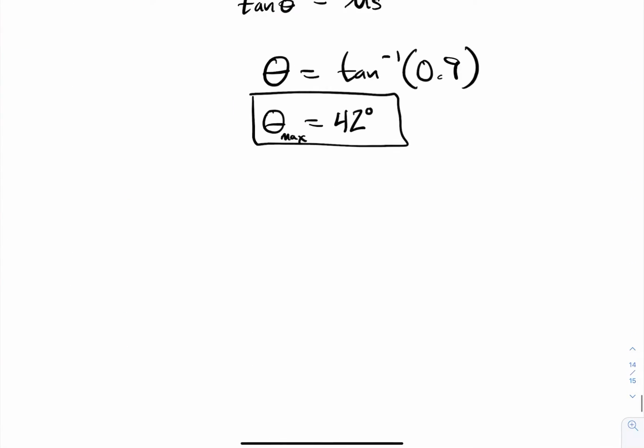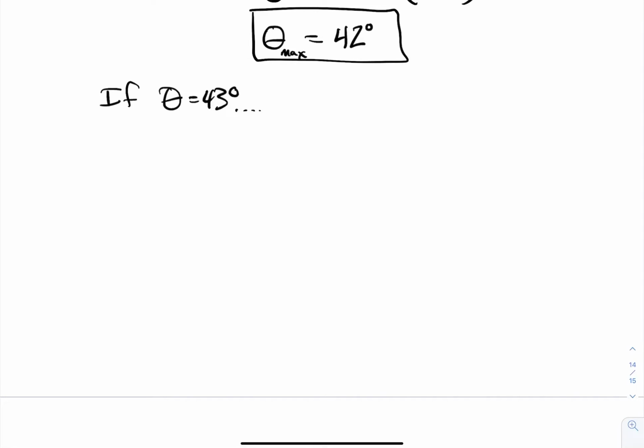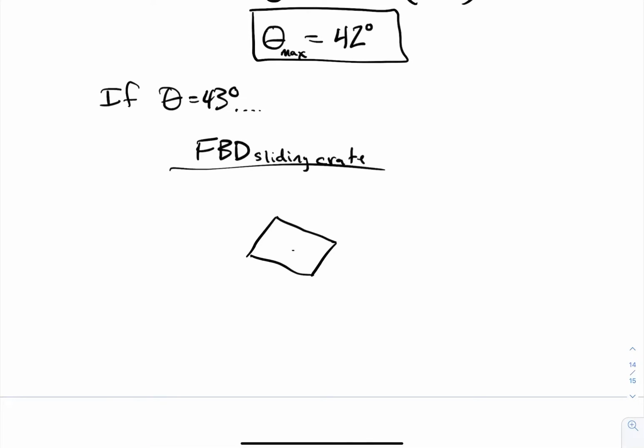The next part asks us to add 1 degree to that, so we'll say if theta is 43 degrees, now we have to do a new free body diagram, and it's going to feel very similar to the old free body diagram. So this will be an FBD, but now it's a sliding crate. So here's our crate. It will have its weight and its normal force acting on it still.